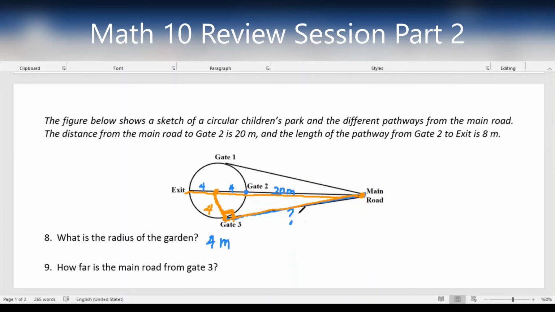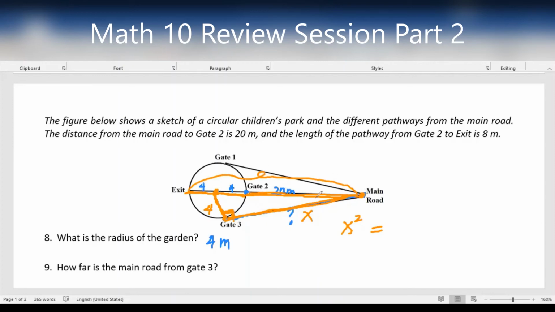So, using, ano ulit to? Second tangent method. Ito yung outside. Let's say this is x. Kaya this will be x squared is equal to your second, it's the outside segment times the whole segment. I hope you can follow.